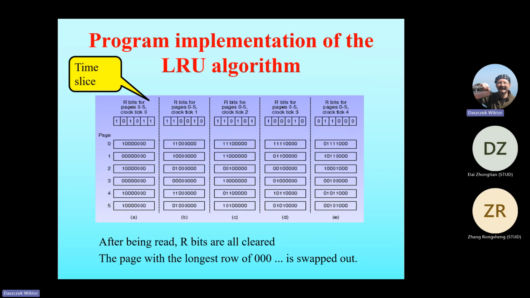Oh, let us return to previous algorithms. Algorithms require some hardware support. For example, both second chance and clock algorithm require clearing individual R bits. So the R bit is set by hardware, and we must have a programmatic possibility to clear this bit. If not, we cannot build such an algorithm.